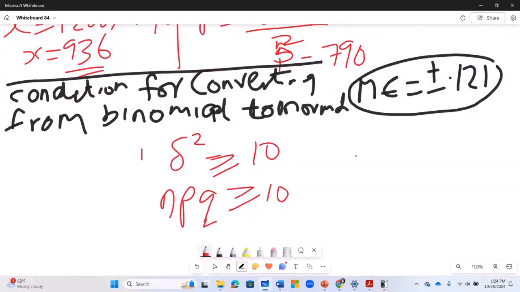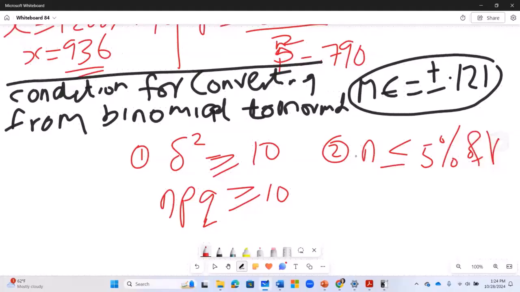Condition number two is that the sample must be less than or equal to 5% of the population. And what is the population? Capital N. The sample must be less than or equal to 5% of the population.